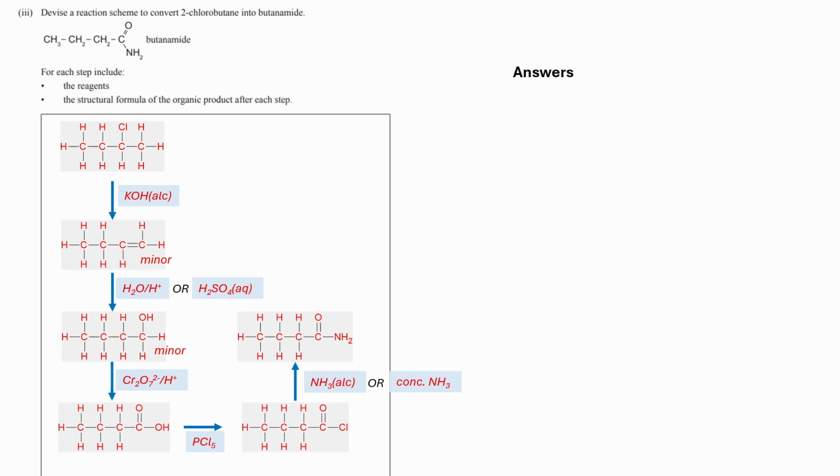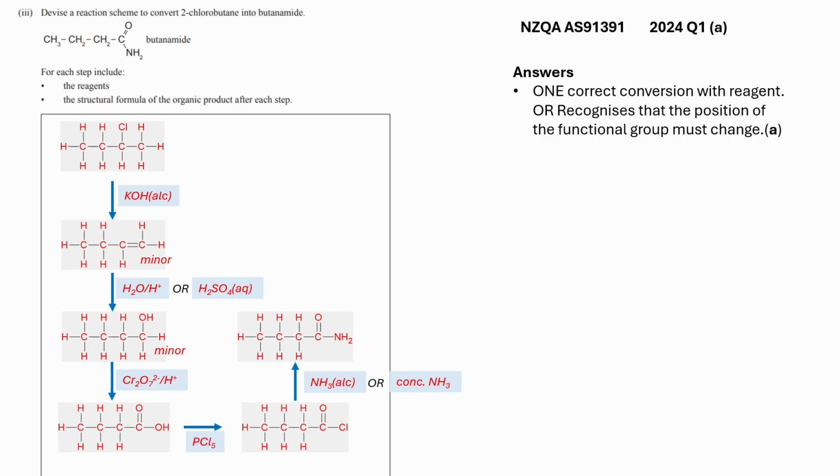In this case, they don't need us to say what type of reactions they are. In another test or exam, they might do that. So in this question, this is question 1A still, but in this part of the question, you got an achieve grade if you did one conversion with reagent correctly, or you recognized that you had to move the functional group position to another place.